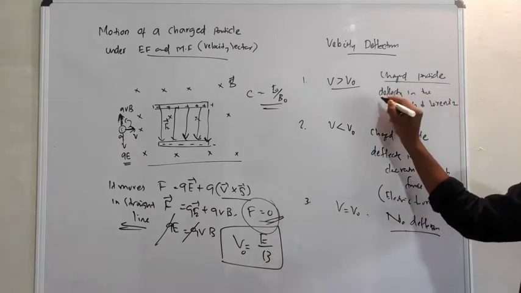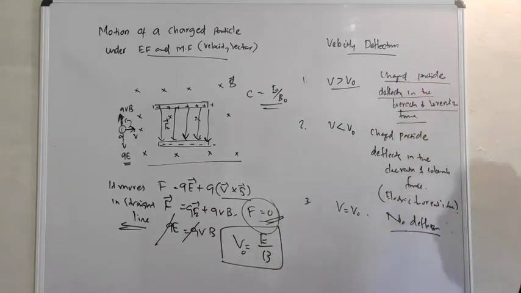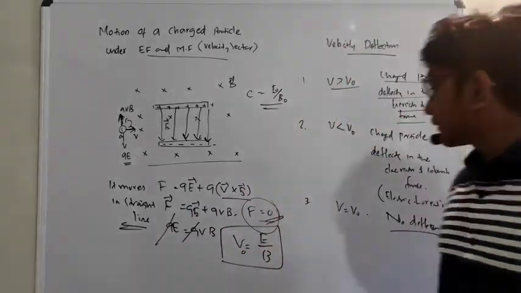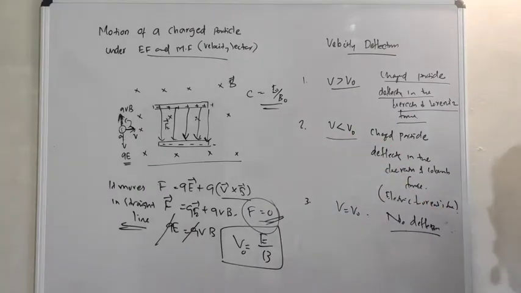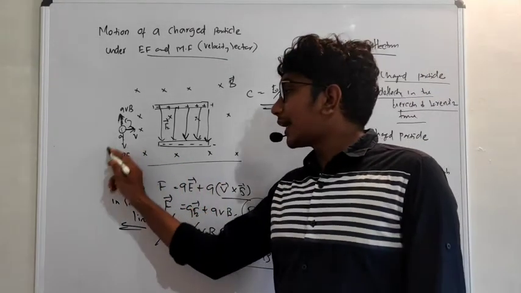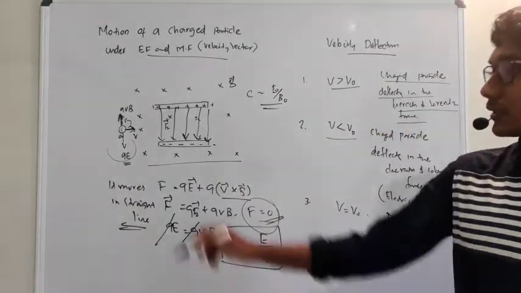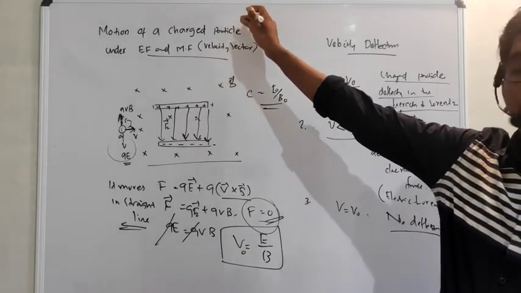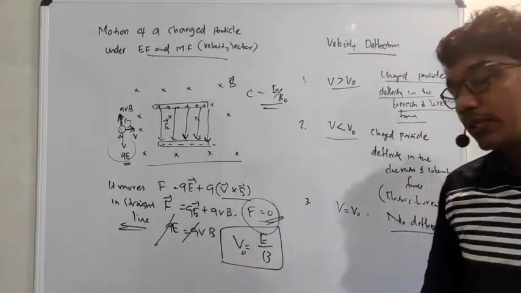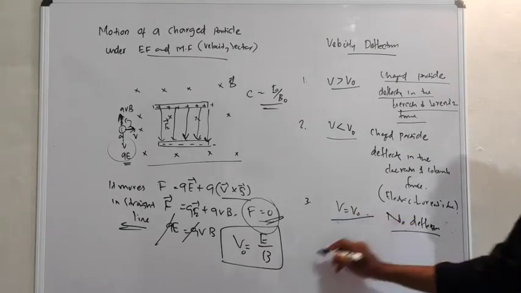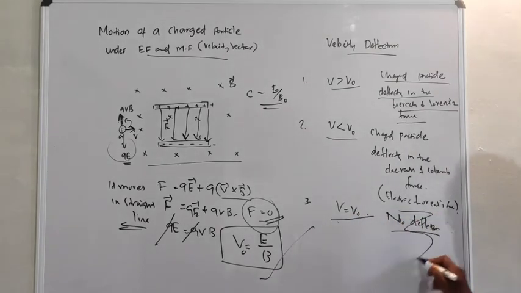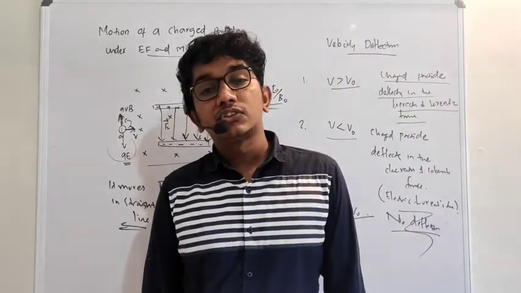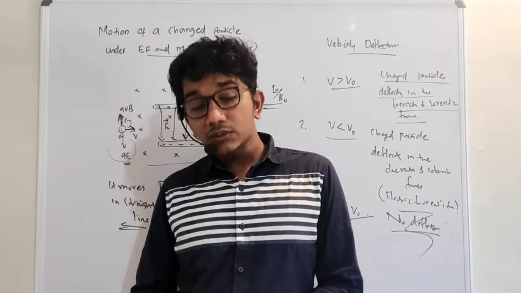Then the charged particle deflects in the direction of the magnetic Lorentz force, QVB. Second, if V is less than V0, then the charged particle will deflect in the direction of QE, Coulomb's force. And if V is equal to V0, there is no deflection, and it moves in a straight line. So these are the cases.